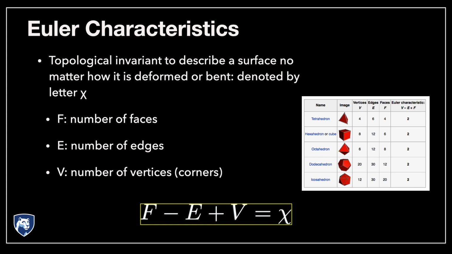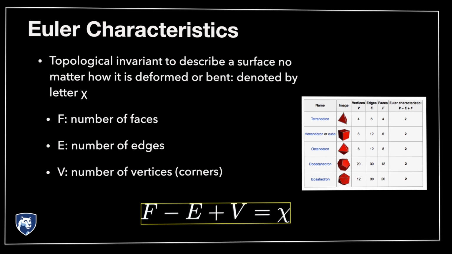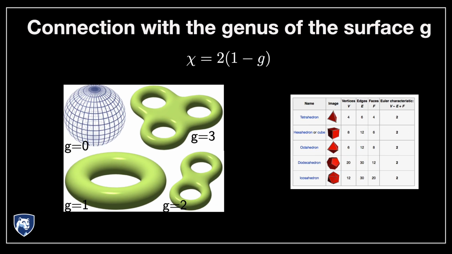But really what matters is the fact that this Euler characteristic is directly related to another characteristic of the surface, which is called the genus G of the surface. And it's very interesting to see that there is a very simple relationship between chi and G, where G is the number of holes in the structure.